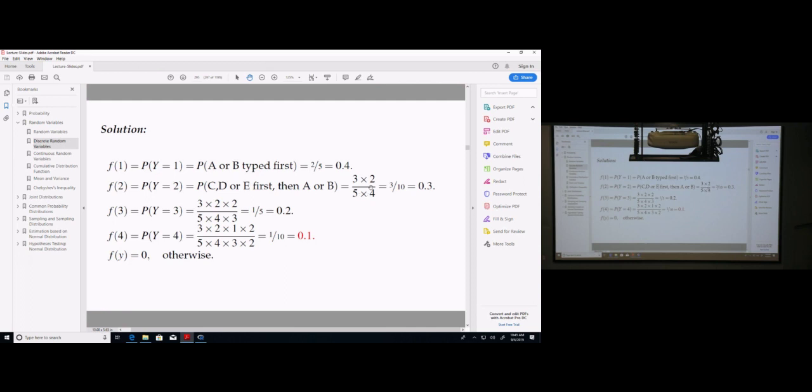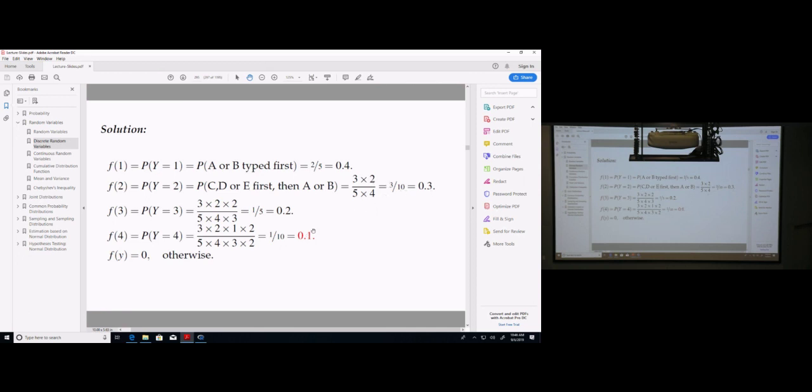And the number of ways of having C, D, or E first is 3 choices, followed by 2 choices where I can choose A or B. So it works out to be 30%.